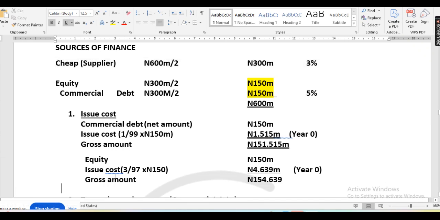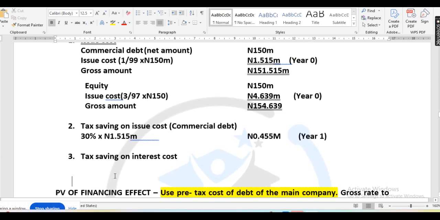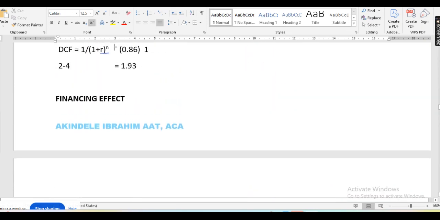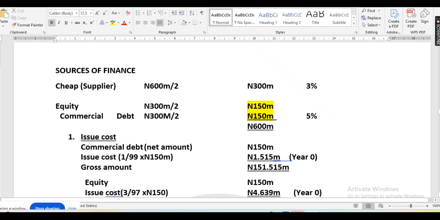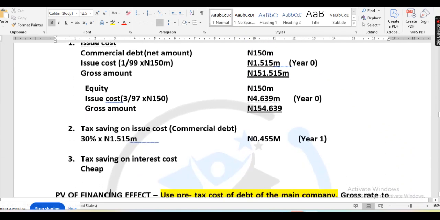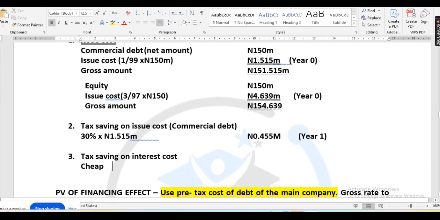Now, from the first one, the cheap loan rate is 3%. So 3% times, right? What is the gross amount? The total cost of borrowing.